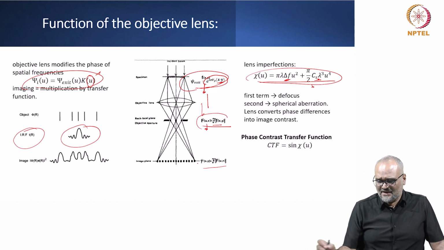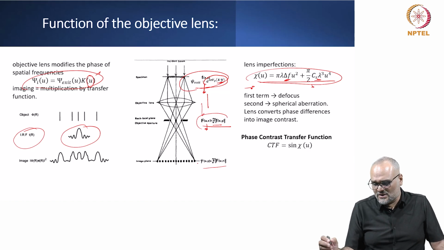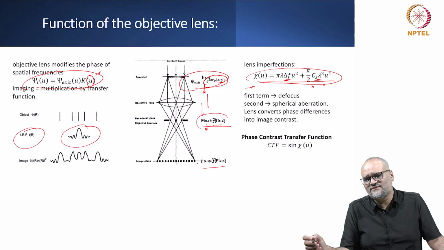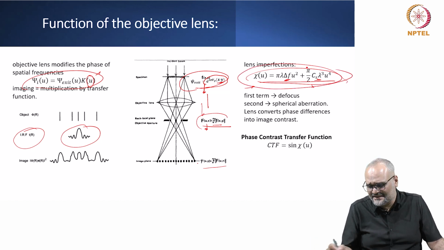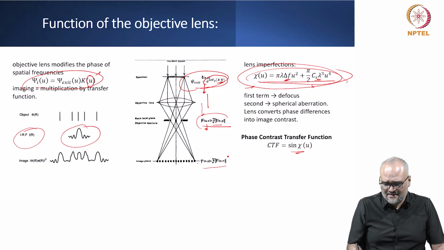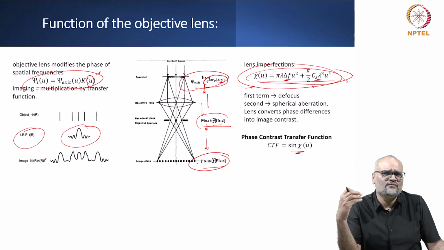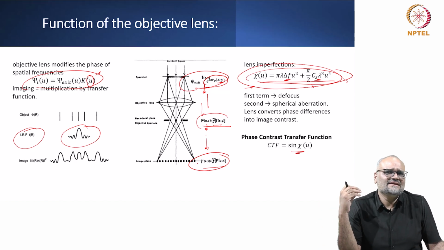If I take the cosine, it gives me the amplitude contrast transfer function, and if I take the sine of this particular complex expansion, I get the phase contrast transfer function. And the image intensity that I record, as I was just telling you, is a sort of multiplication. When I multiply two functions, I call it the convolution.